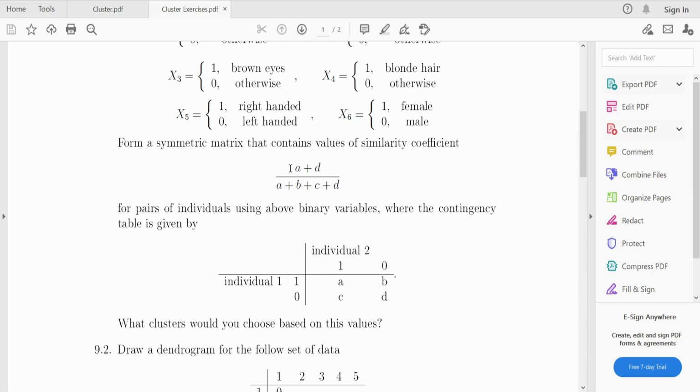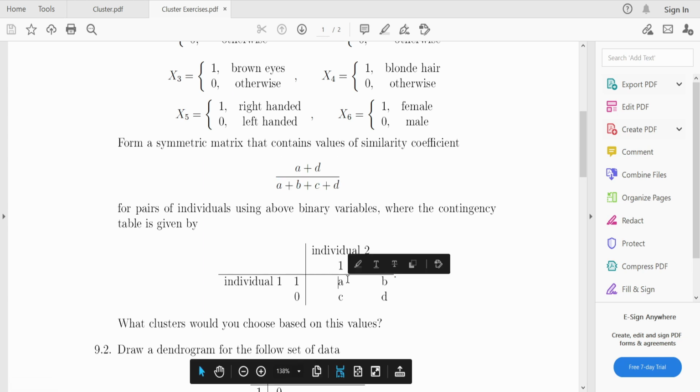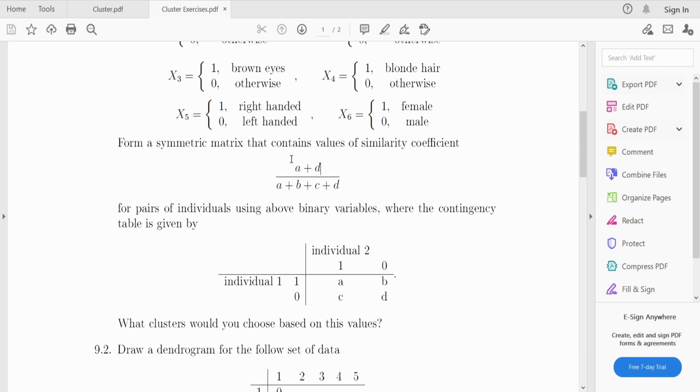So for example, this A plus D divided by the sum of all of those gives equal weights for those. So A is 1, 1 matches, and D is our 0, 0 matches. Why equal weights? Because this sum is the sum of all our possible combinations. And when we divide by our sum, you can even look at this as separate, A divided by this plus D divided by this.